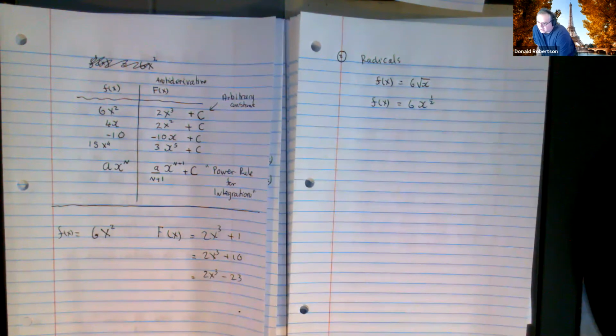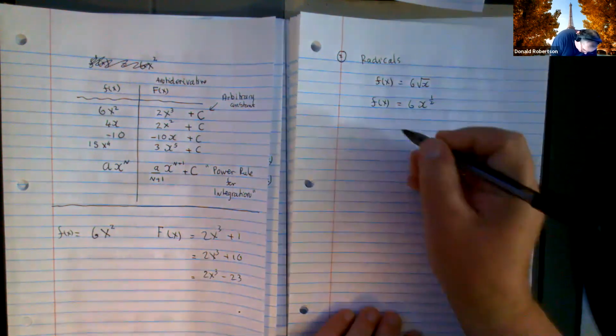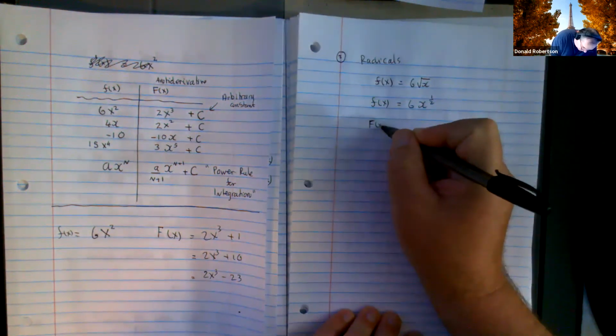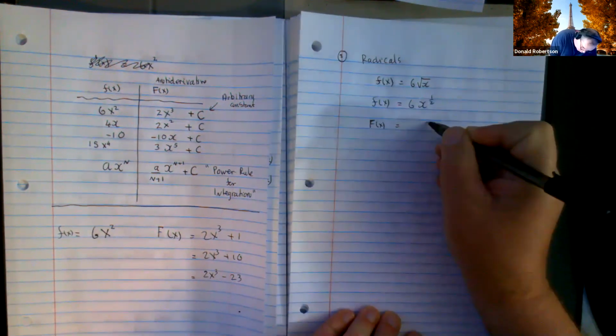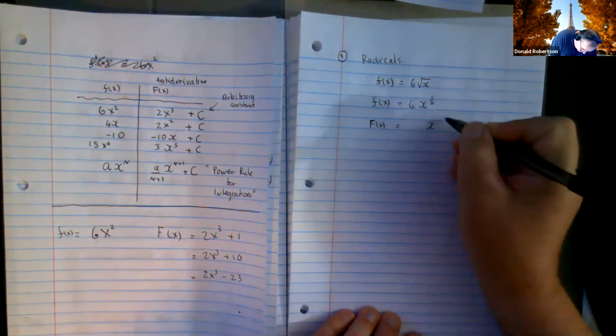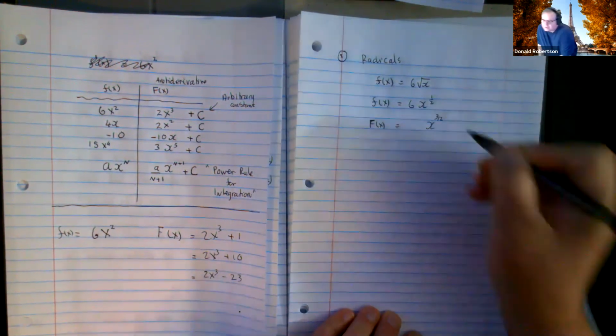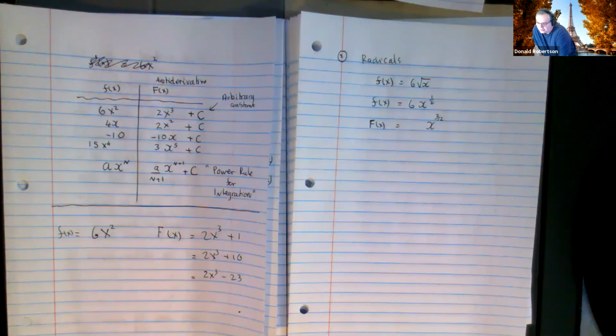And the power rule says, add 1 to the power and divide by the new power. So the antiderivative is: add 1 to the power. No, we don't call it 1.5. We call it 3/2. We don't like 1.5 in math, right? We like improper fractions, or as I call them, top heavy.